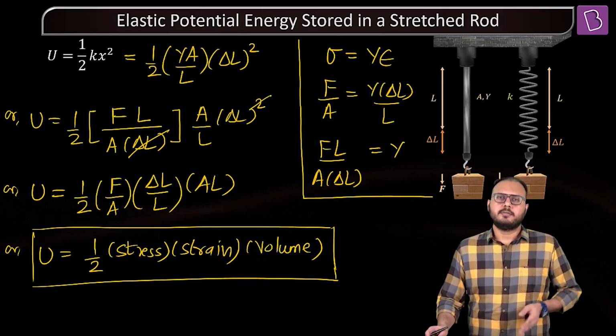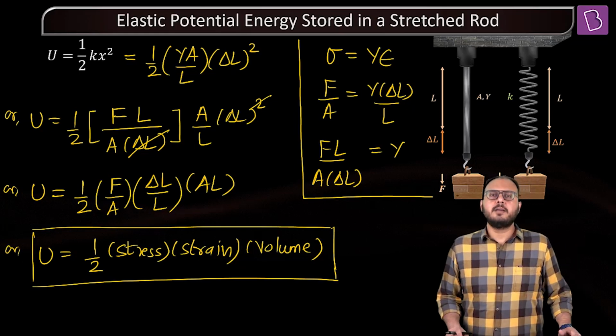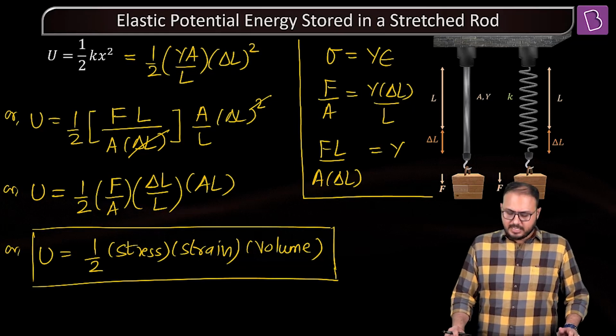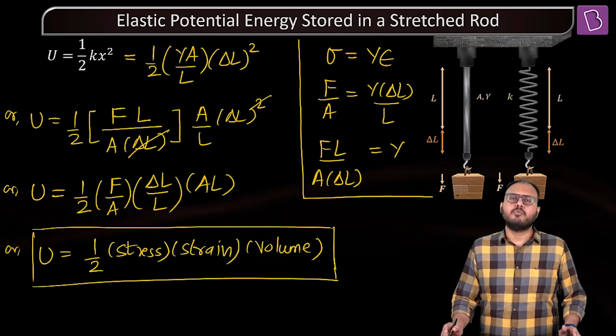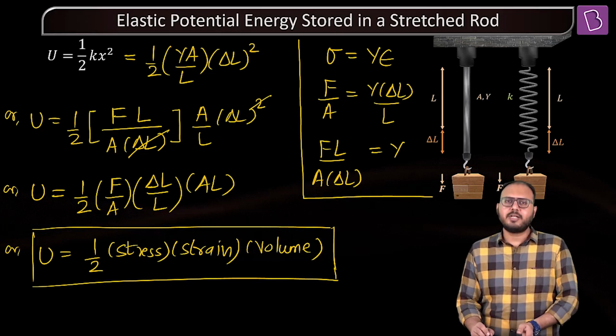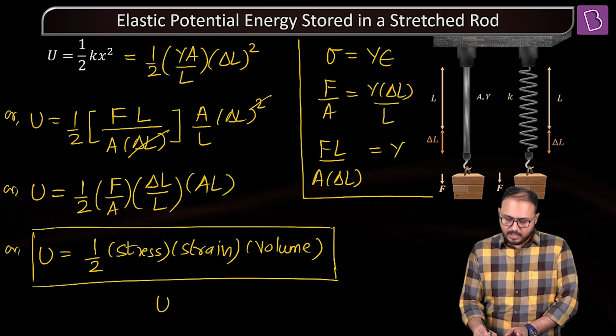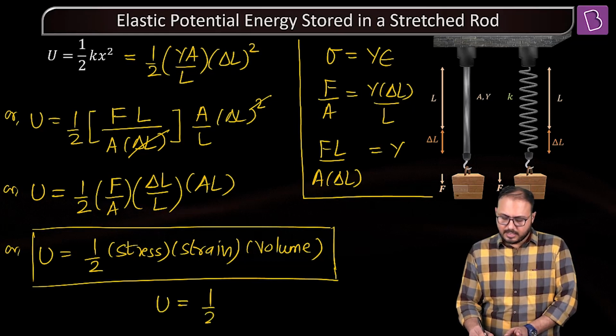For a rod, the energy stored in a given volume is half into stress into strain into volume. If you want a symbolic shortcut to remember, U is half sigma epsilon V.